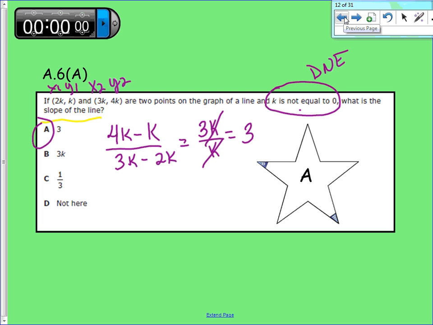Why didn't you just do it over there by 4k and then just put 4? No, K divided by K is 1.